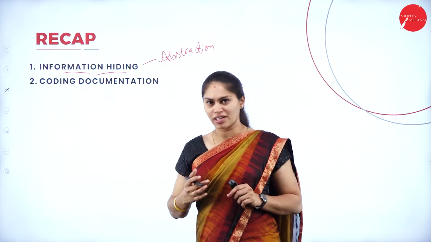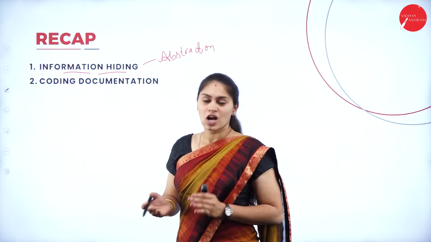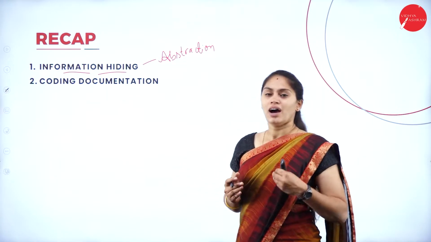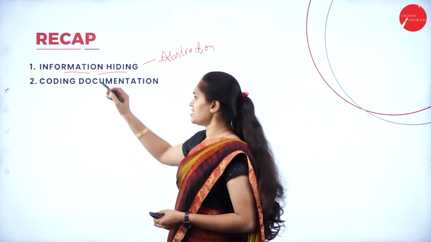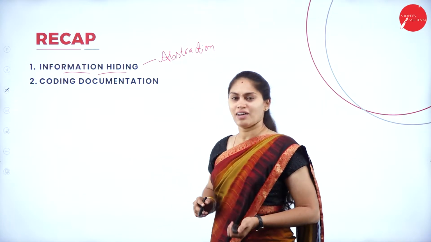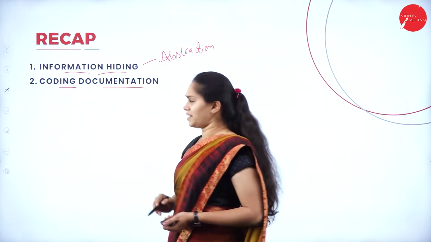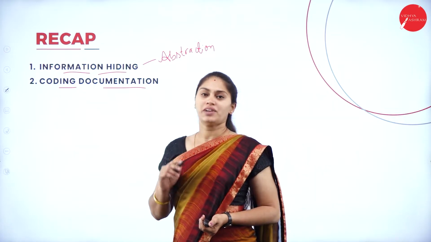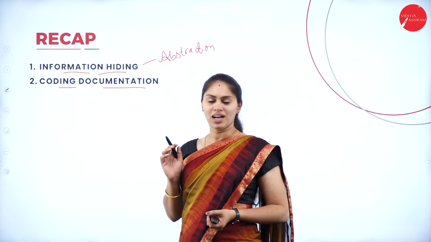In order to maintain module independence, there should not be dependency between the modules. To accomplish all those things, we have information hiding. I also started with code documentation. Why is it necessary to have documentation of written code or the source code of the programmer?